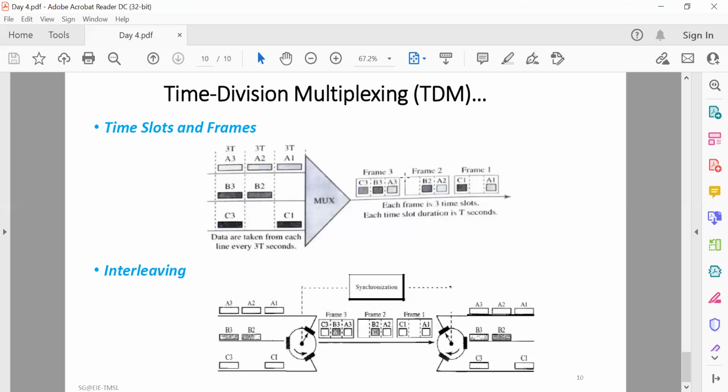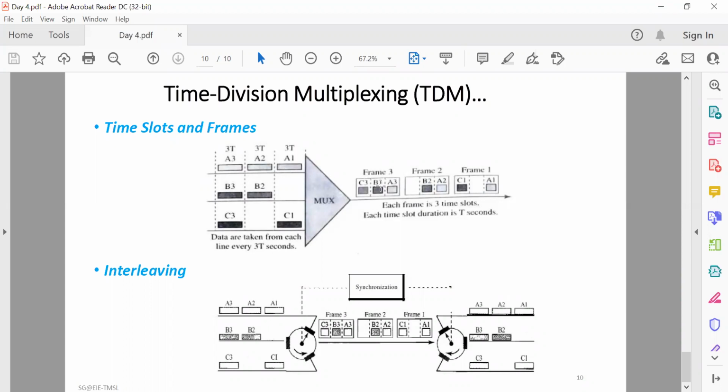In this figure, the data rate of the link is 3 times the data rate of the connection. So the duration of a unit on a connection is 3 times that of the time slot.